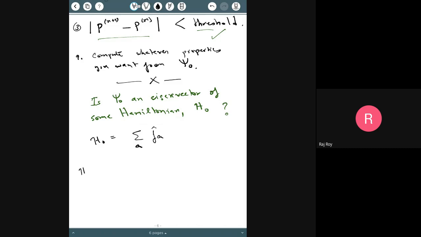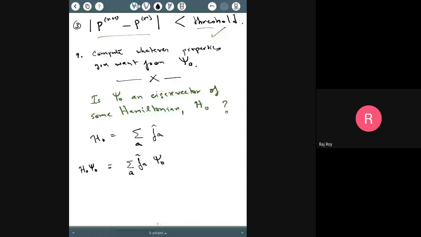So let's do psi 0, and that is equal to, now I have to represent psi 0 as a Slater determinant.